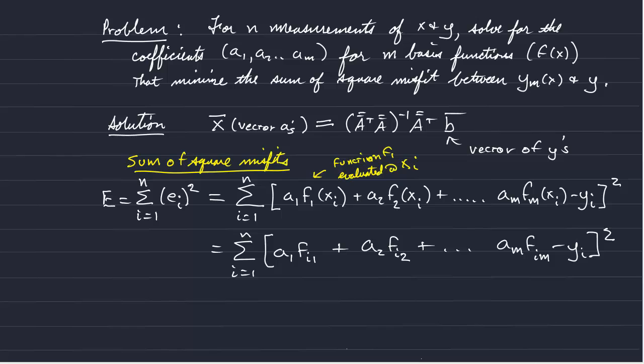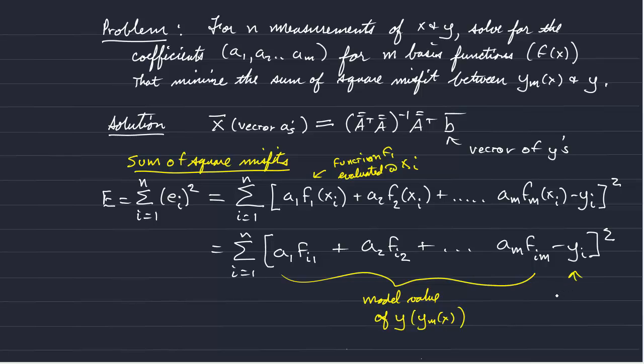And just to be sure we're all on the same page, this part describes the model value of y, which we wrote as y sub m for all values of x, and this is of course the observed values.